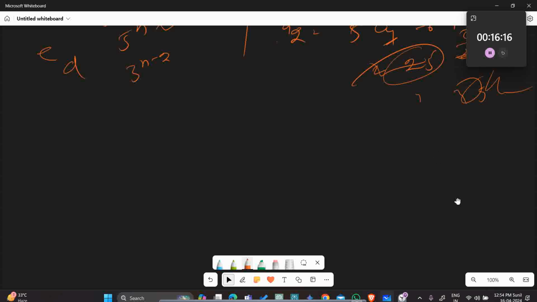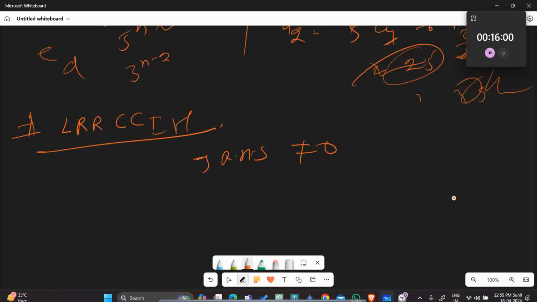So the next question we are discussing here is the linear recurrence relation with constant coefficients, non-homogeneous. RHS is not equal to 0 in this.